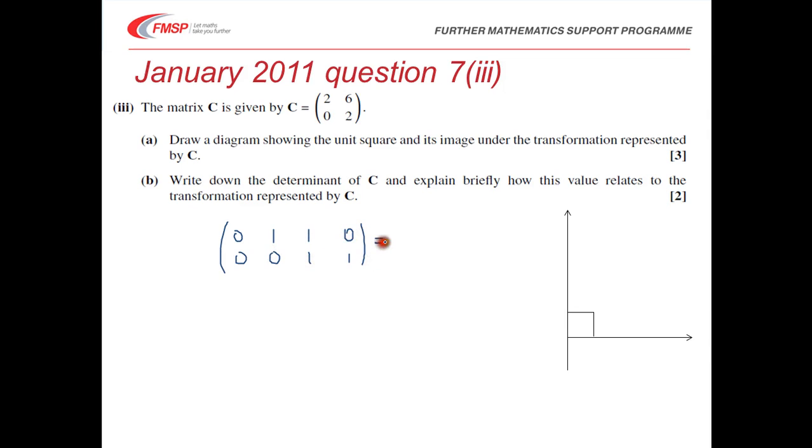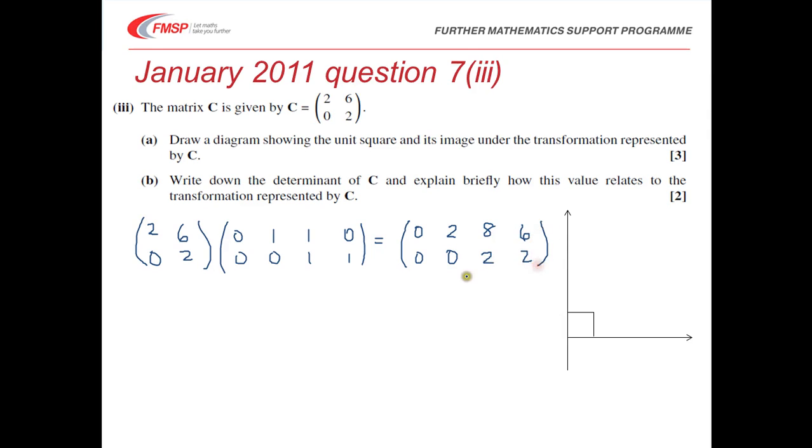And we'll want to find the image under this matrix (2, 6; 0, 2). So we will multiply those together and find the image. The origin always remains fixed, and the next column is going to be (2, 0), and then 2 plus 6, so (8, 2), and then the image of (0, 1) will be (6, 2).